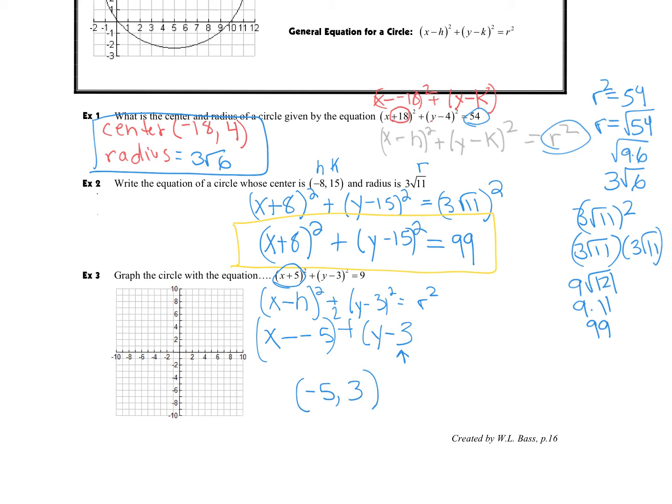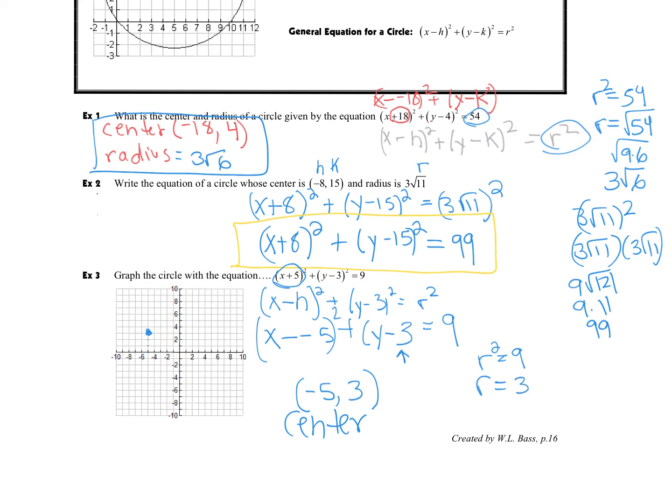So I'm going to go to the center of the circle, which is negative 5, 3. And that's going to be a point right there. And then this is equal to r squared, which is 9. Well, if r squared is 9, that means that the radius is 3.